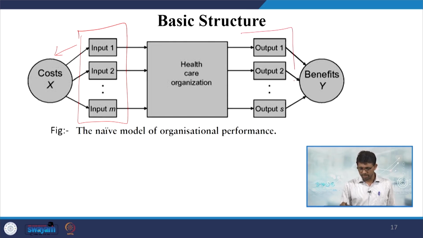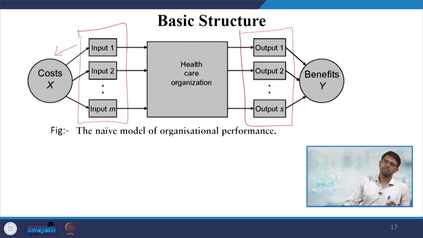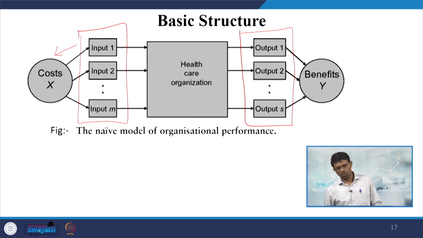Similarly, there are different indicators of output even in the healthcare system, such as doctor to patient ratio, healthcare facilities, etc. They are all part of the structure.